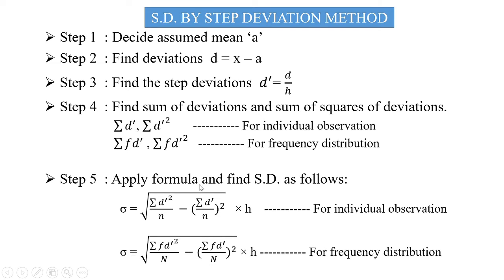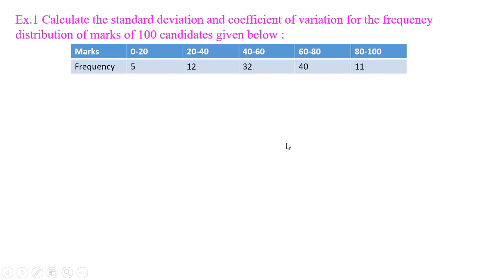Step number 5, apply formula and find standard deviation as follows, that is sigma is equal to under root summation of d dash square divided by n minus summation of d dash divided by n bracket square, into h for individual observation. Sigma is equal to under root summation of f into d dash square divided by capital N minus in bracket summation of f into d dash divided by capital N bracket square, into h for frequency distribution.